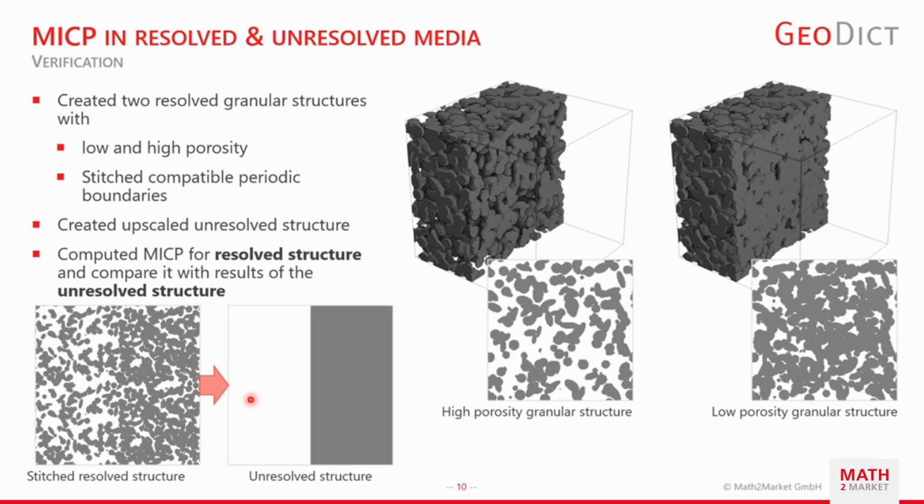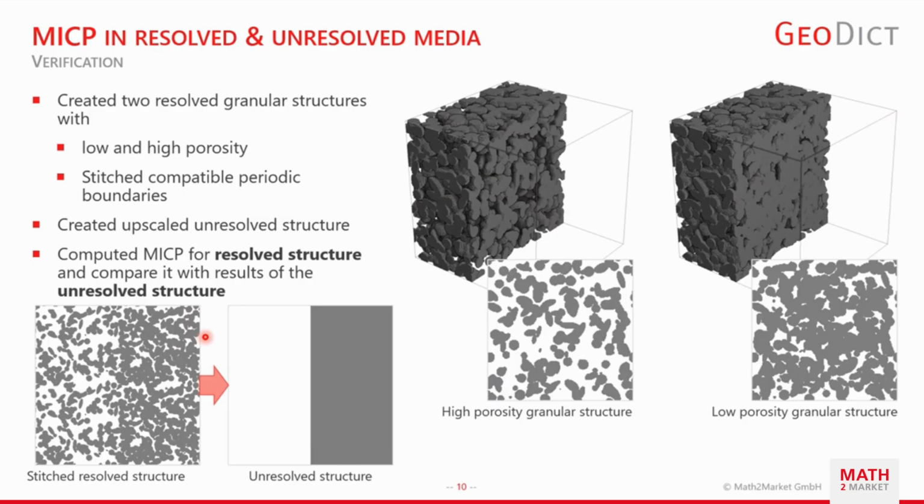So each of these 2 areas has one individual capillary pressure curve that can be upscaled directly from only this structure here. And for a sanity check, we have also stitched that structure together into a fully resolved structure, on which we then ran the capillary pressure command.